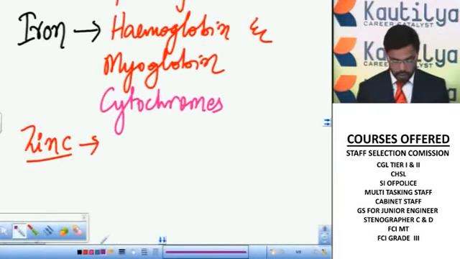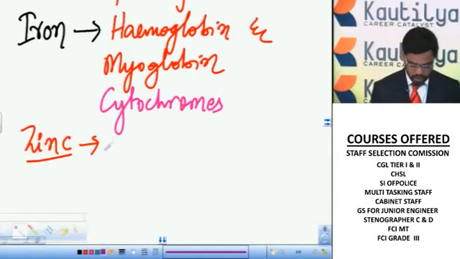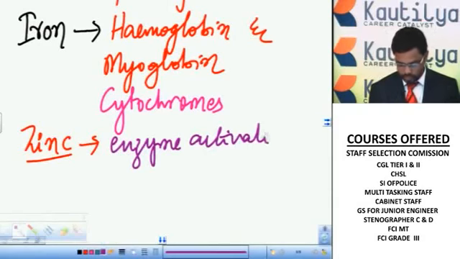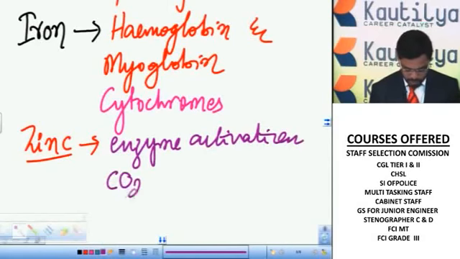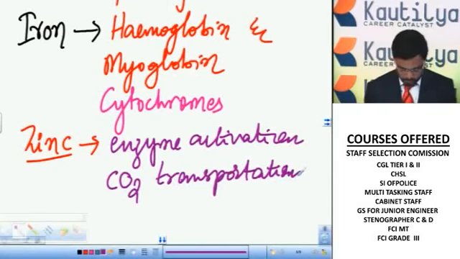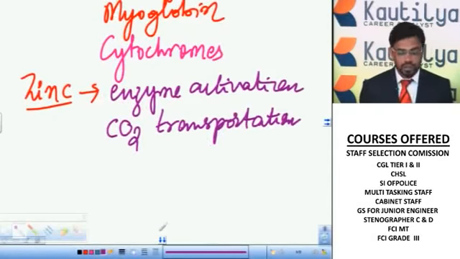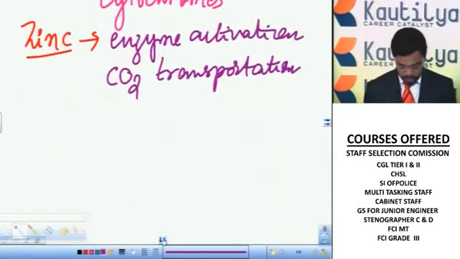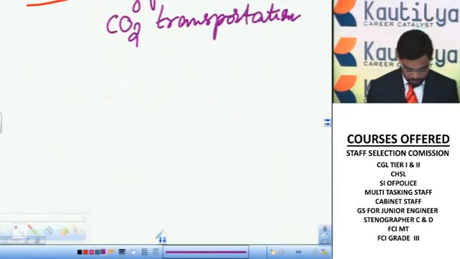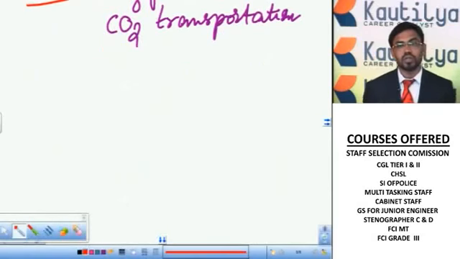So zinc is useful for enzyme activation and carbon dioxide transportation. The deficiency of zinc leads to anemia and also retarded growth, weak immunity and fertility. So that means zinc is also useful for development of the reproductive organs.